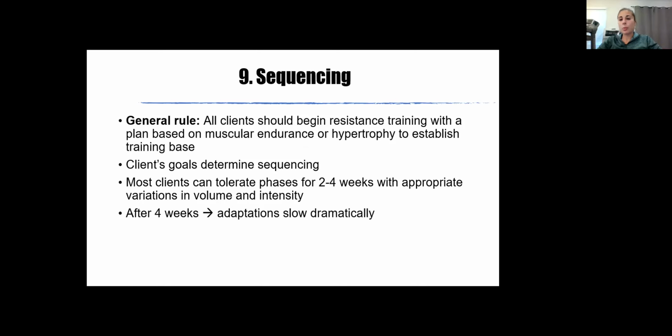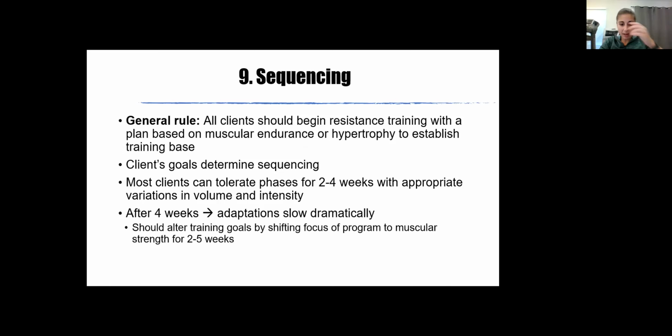So this is where we need to start playing around with variation and what we're trying to do in the program. After 4 weeks, you could change the goal. You could shift into muscular strength for another block of 2 to 4 weeks, or shift to hypertrophy. These are different blocks, okay?